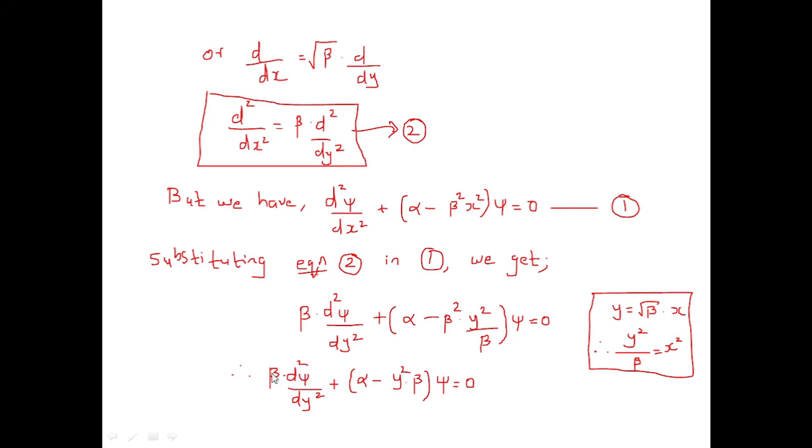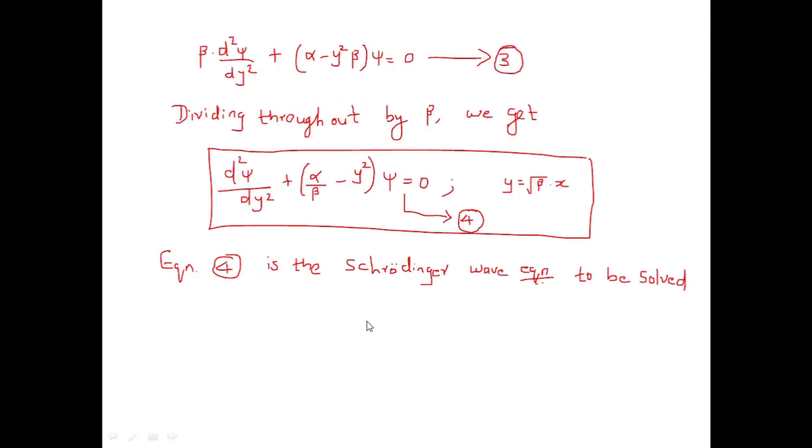And now the new equation is beta into (d square by dy squared plus alpha minus y squared beta) of psi is equal to 0. We will call that equation number 3. Now, dividing throughout by beta, we get d square psi by dy squared plus alpha by beta minus y squared, beta by beta being 1, of psi is equal to 0.